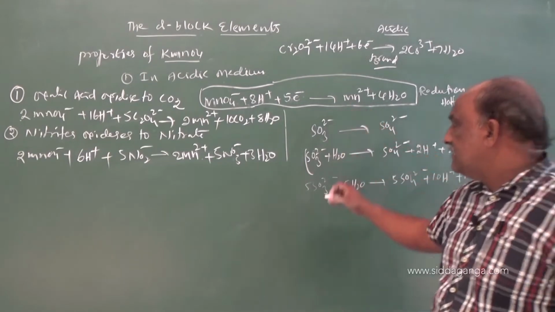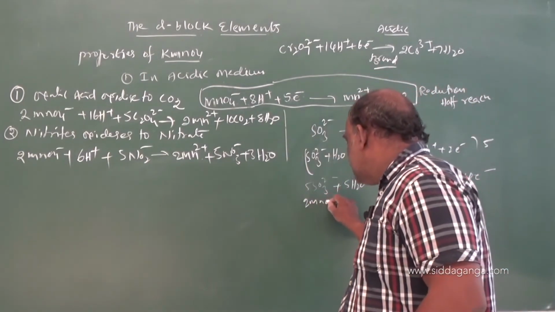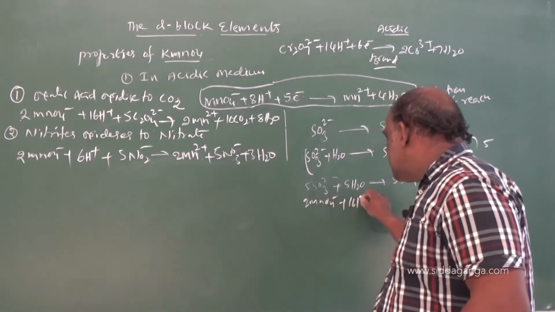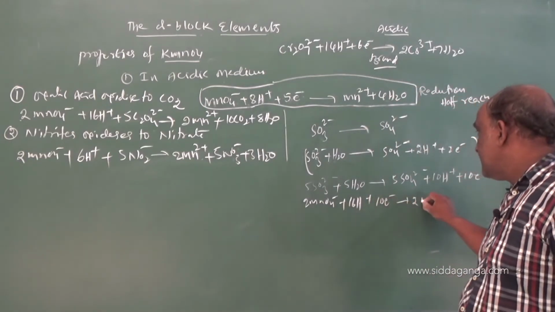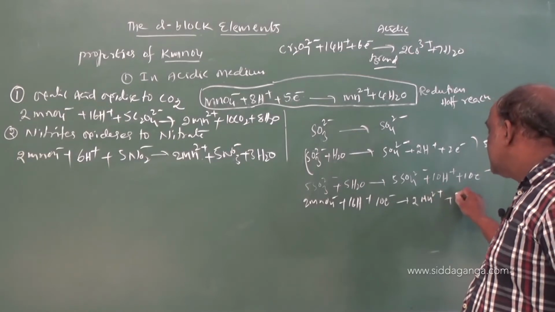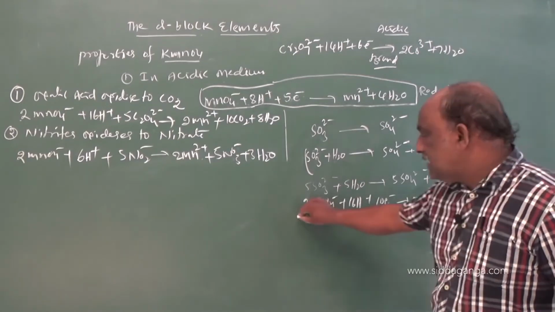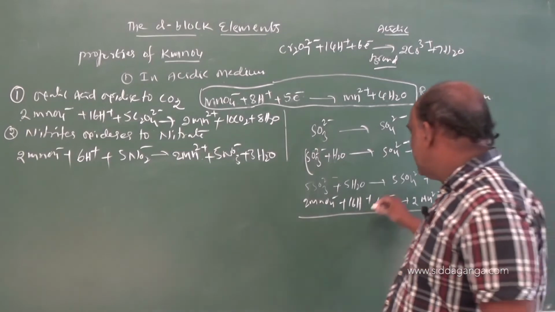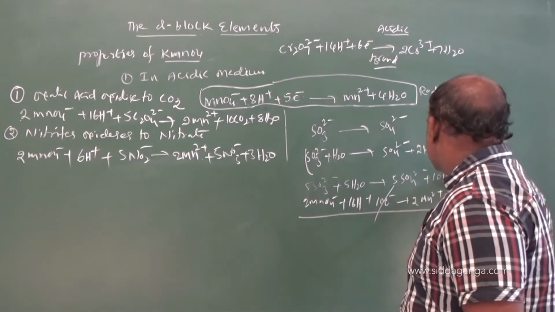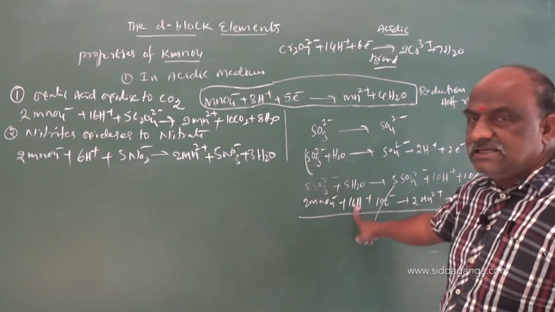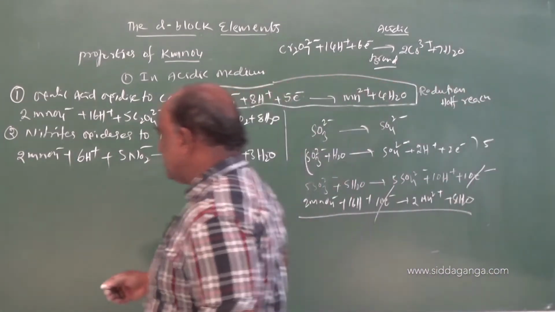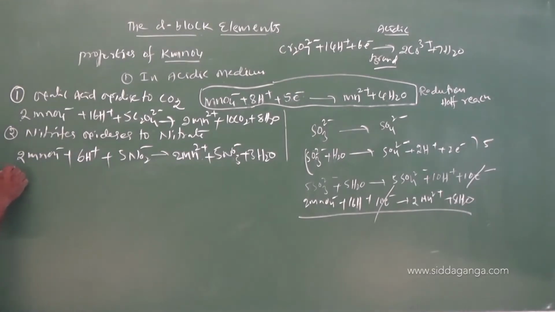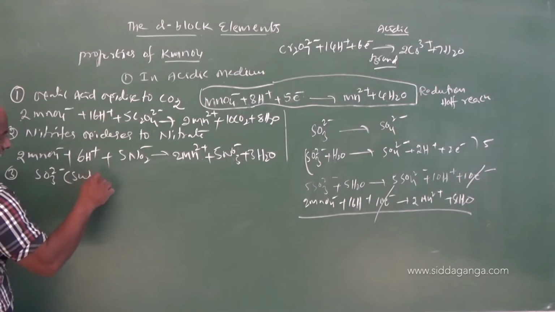What is equation 1? 2MnO4 minus plus 16H plus plus 10 electrons gives rise to 2Mn2 plus plus 8H2O. Now the 10 electrons get cancelled: 10H plus and 16H plus means 6H plus, 5H2O and 8H2O means 3H2O.